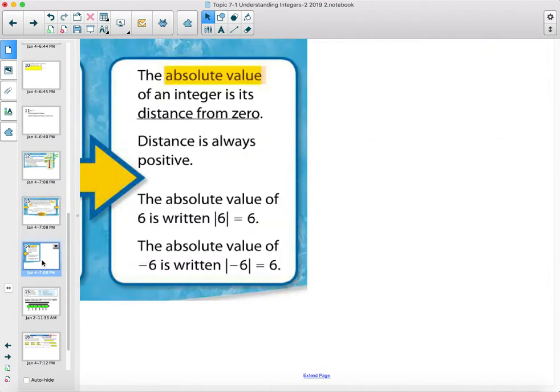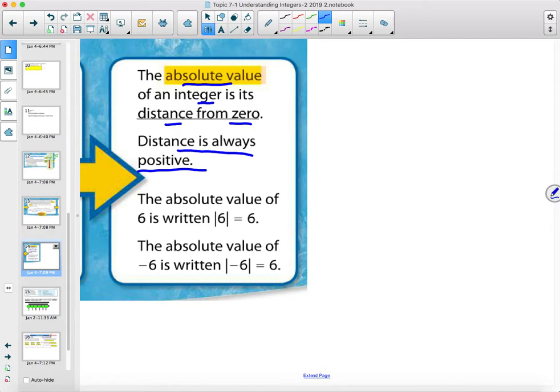The book then goes on to talk about absolute value. This is something that I've gone over with you here and there before, especially when we're talking about the coordinate plane. Absolute value of an integer is its distance from 0. The distance is always positive. Whether you're going down to the negatives, you're counting, so that's the absolute value, and that is a positive number.